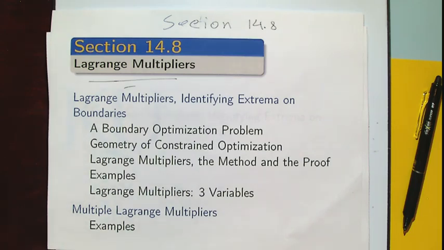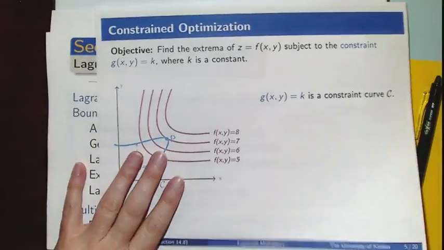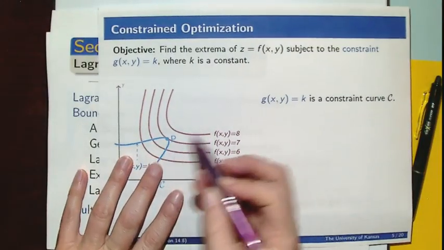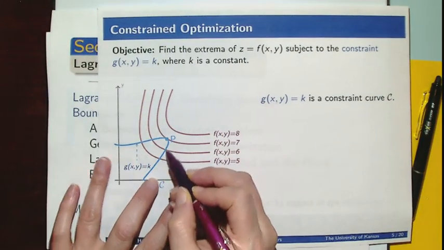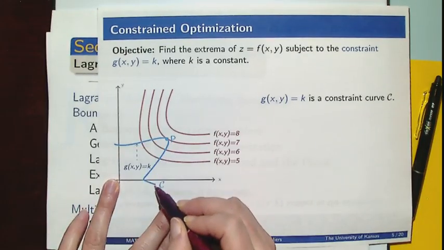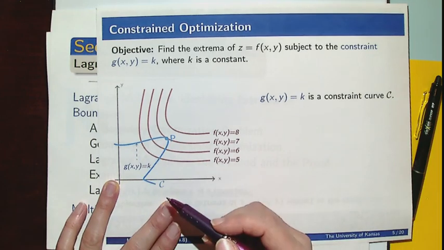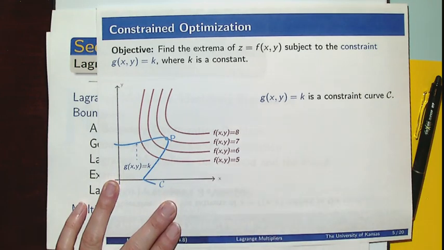On your lecture notes, you have this. This actually is not a bad idea just to look at, because when you're looking at this level curve, what I was trying to tell you is this. The cyan curve over here is the constraint.